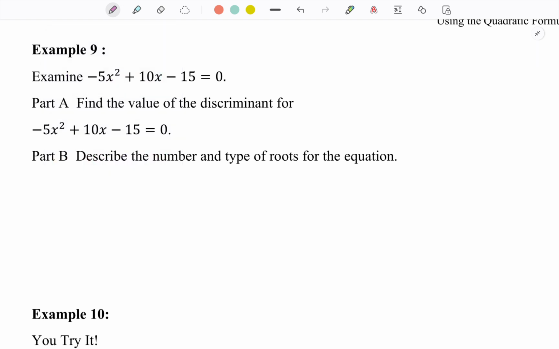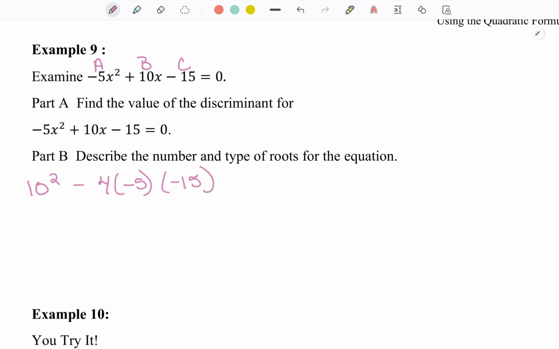And so then on example 9, we have A as -5, B as 10, and C as -15. So we're going to find the value of that discriminant. So we have 10 squared minus 4 times -5 times -15.